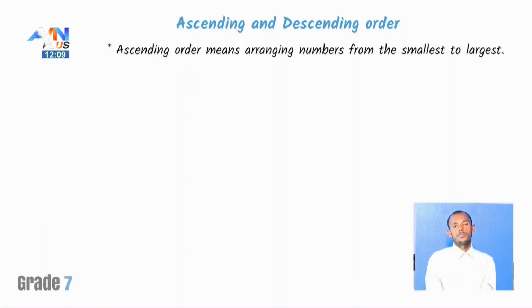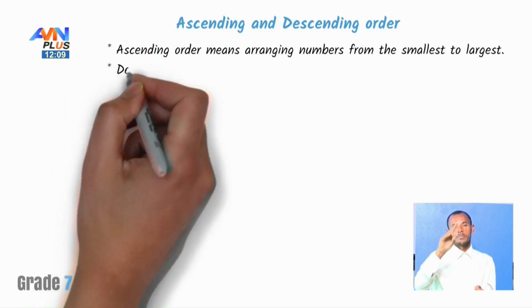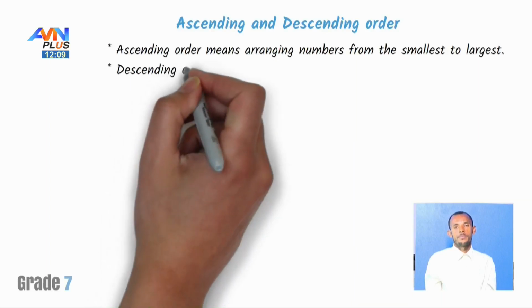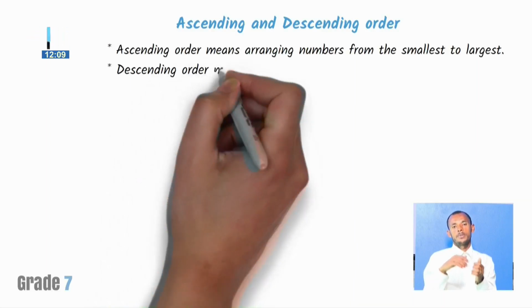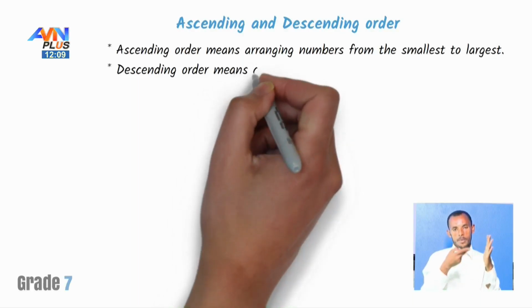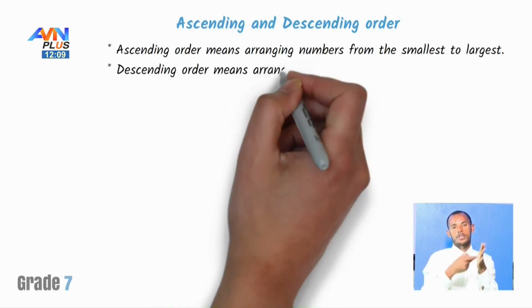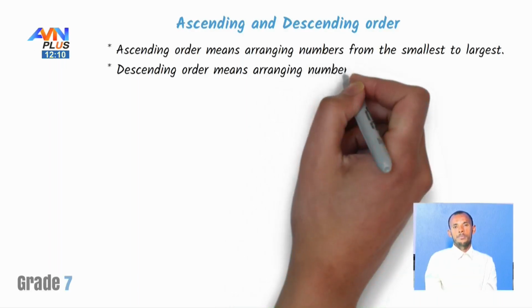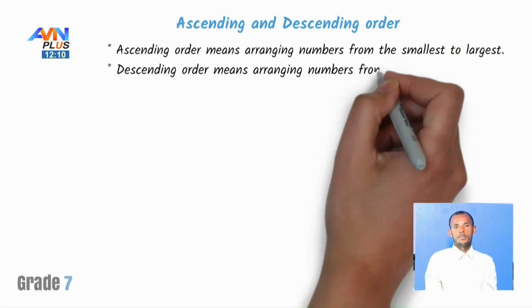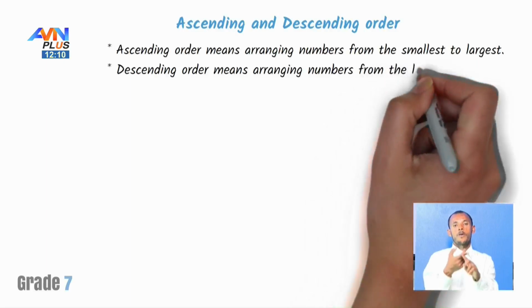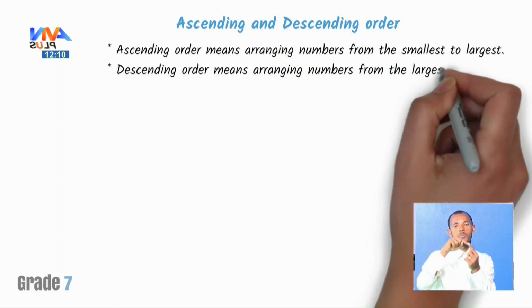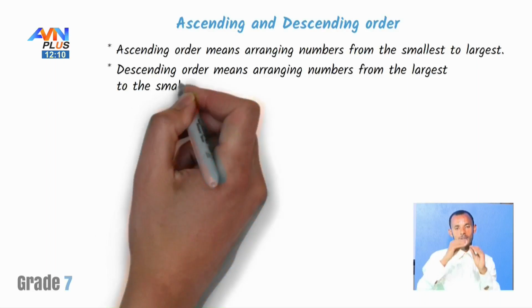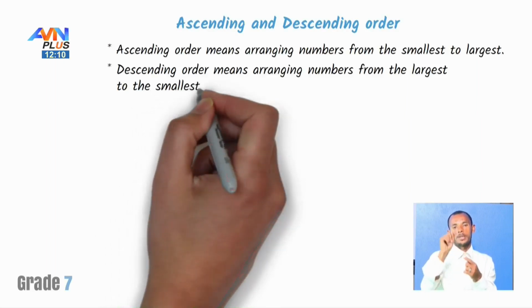So descending order means arranging numbers from the largest to the smallest.